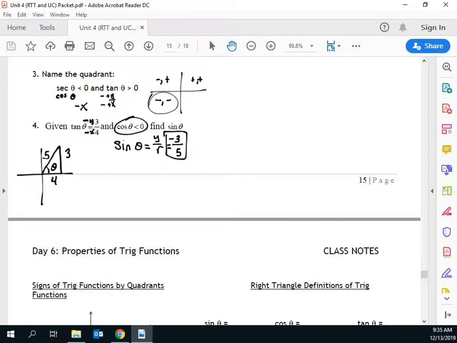We didn't touch that until the very end when we were looking for the sine, right? All I looked at was tangent and sine to get my answer. And then I had to deal with it, is it positive or negative? Well, that's where cosine theta less than 0 came into play. Because that's telling us the x value is negative. And you guys know by now, if tangent's positive, that means the signs are alike. Right, Connor? Good. So that's the reason why y is negative.